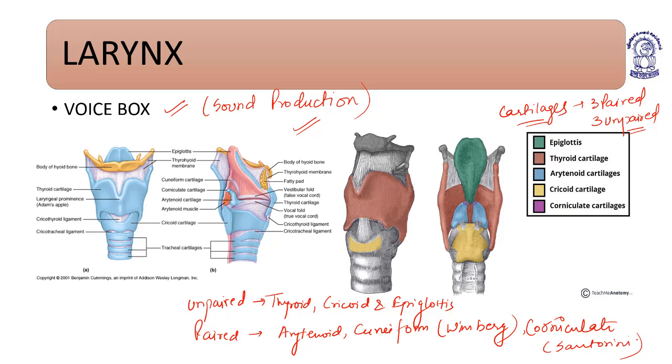So, the voice box of the larynx is the expanded portion which has these six cartilages, in which three are paired and three are unpaired. The paired ones are arytenoid, cuneiform, and corniculate, and the unpaired are thyroid, cricoid, and epiglottis.